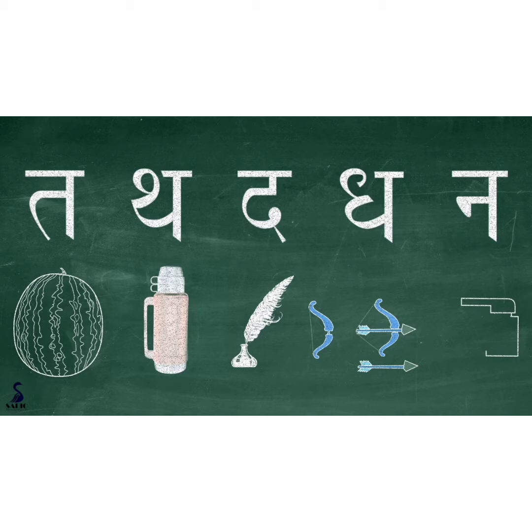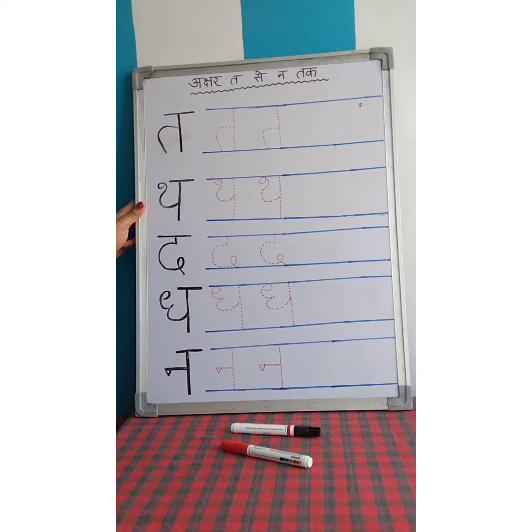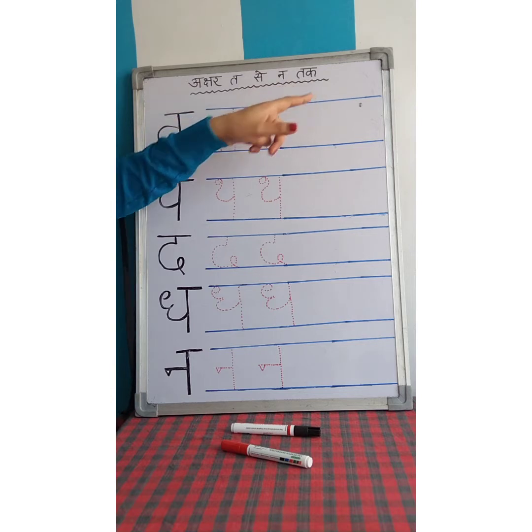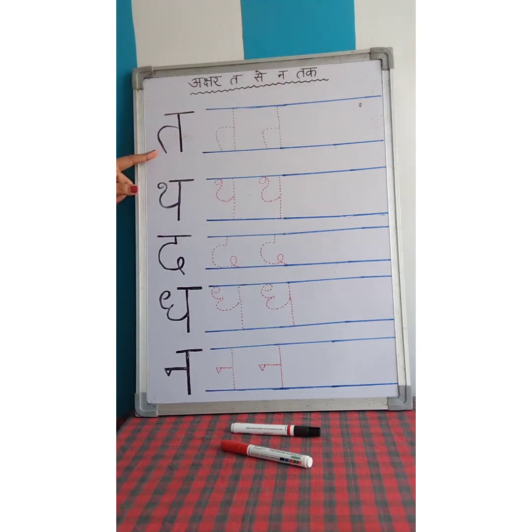So now let us begin with the writing part. Alright students, so today we are going to learn the letters ta, tha, da, dha, na. Let us begin. त से तरबूज, थ से थर्मस, द से दवात, ध से धनुष and न से नल.